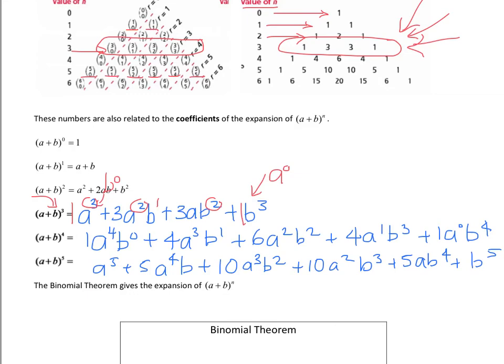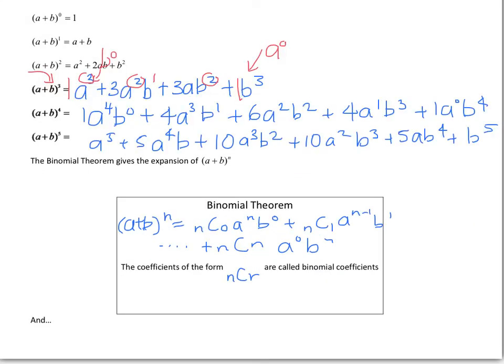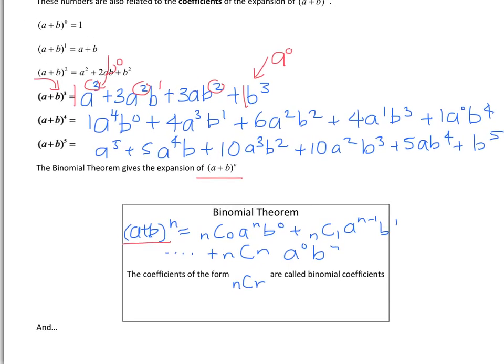That's awesome. So in general, the binomial theorem gives us the expansion of a plus b to the power of n. And we can write this down as a plus b to the power of n is equal to, our first coefficient is always n choose 0, and then of course we start our exponents for our a's with n, and we go down until we get to 0, and we start our exponents for our b's at 0, and we go up until we get to n.